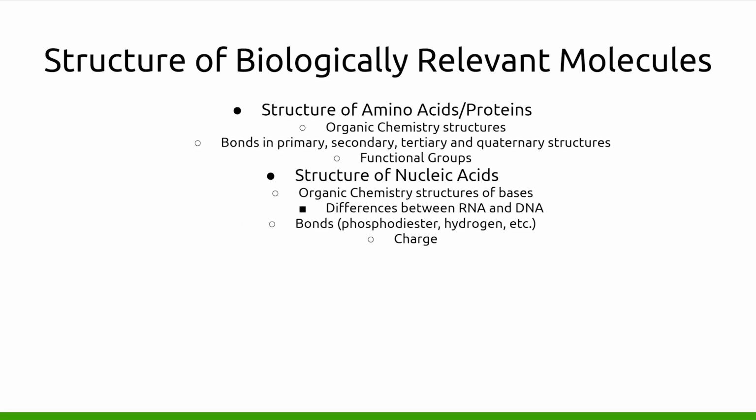Do I understand the charge of nucleic acids and where exactly on the nucleic base or nucleic acid structure is carrying the charge? Are there any functional groups that exist on nucleic acids? When we think about functional groups, we're often thinking about the amino acid functional groups relating to polar/nonpolar, etc. But there's also the literal functional groups that you learn in organic chemistry. So we're thinking aldehydes, ketones.